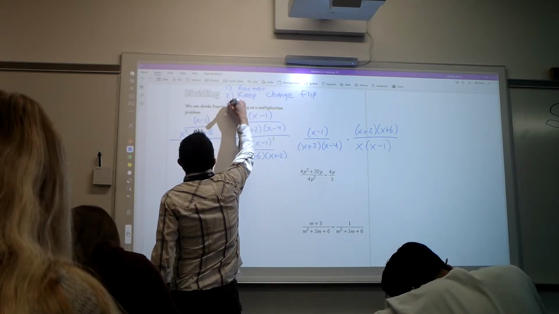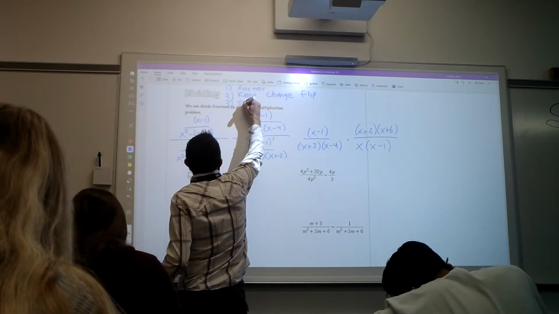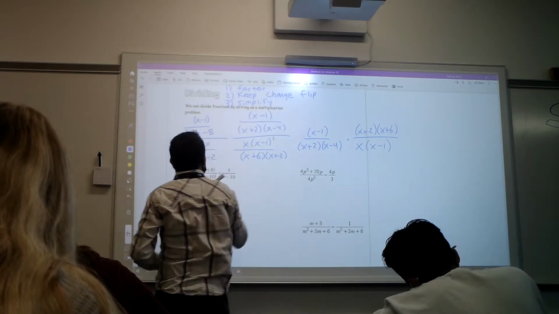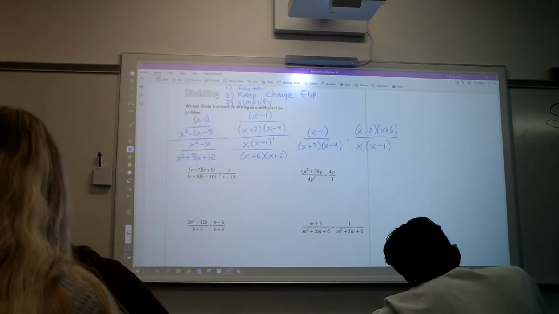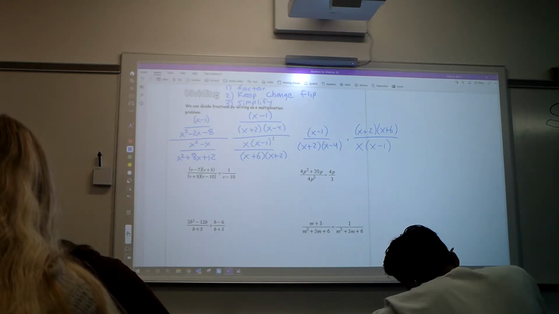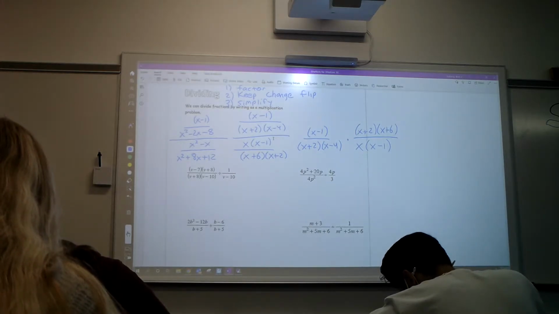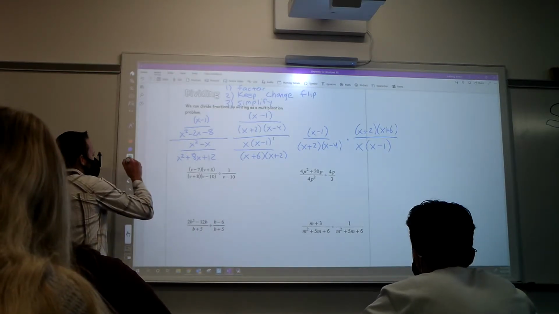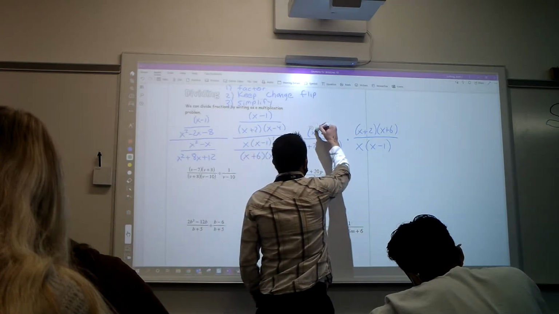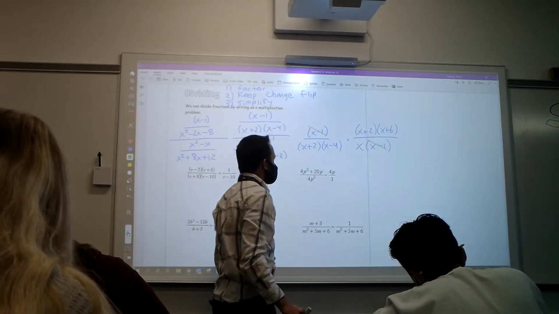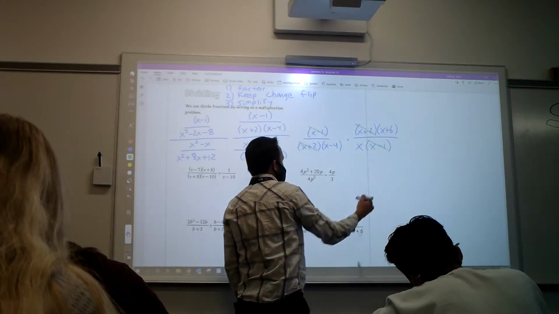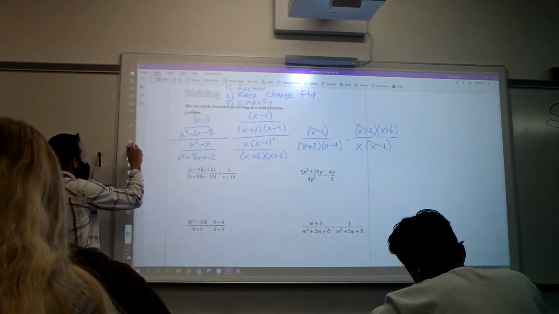So we have factored, we keep, change, flip, and now we're going to, third step, simplify. Which just means if it's the same top or bottom, we cross it out. So, Lashaya, what can I cross out here? x minus 1s are gone. Awesome. What else? x plus 2s are gone. Nice.